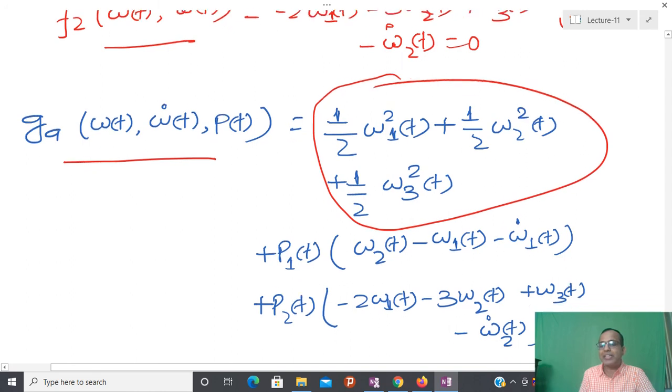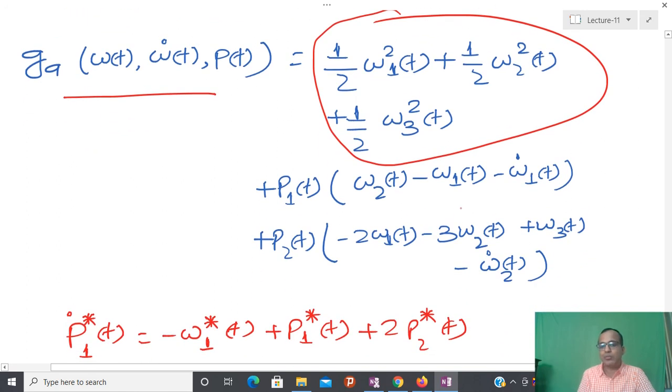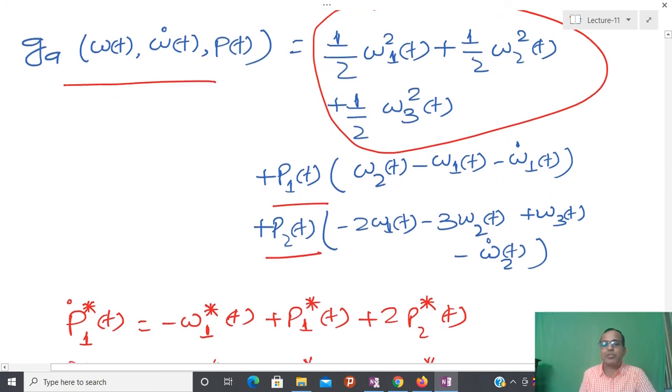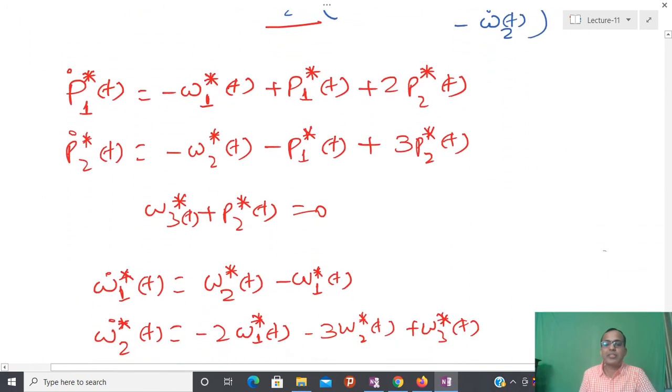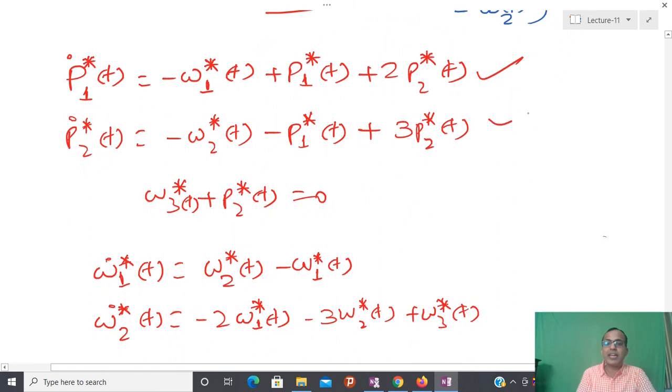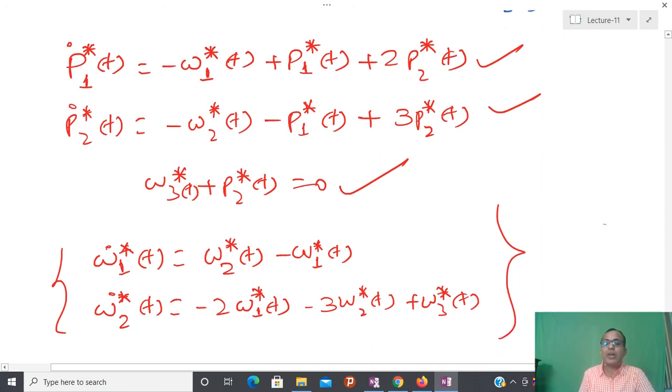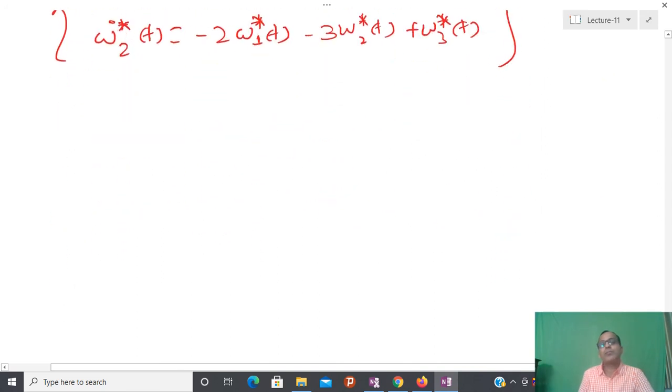And you can see that here I have two constraints. For that reason I need two different Lagrange multiplier terms, p1 and p2, and after that I just have to solve the Lagrangian equation. After solving it, these three terms come into the picture, and two terms are due to the constraints. In this way you are able to solve any kind of problem.